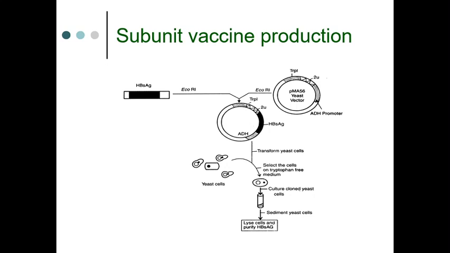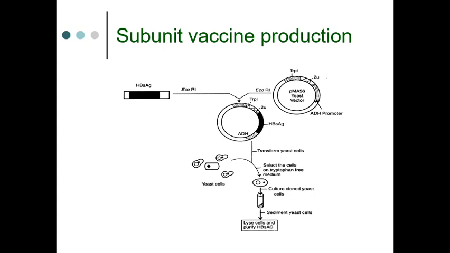As the alcohol dehydrogenase promoter promotes the expression of hepatitis B antigen as well as tryptophan, those cells grow in the media and are harvested, because they are known to contain the plasmid which is carrying the HBsAg, that is hepatitis B antigen.